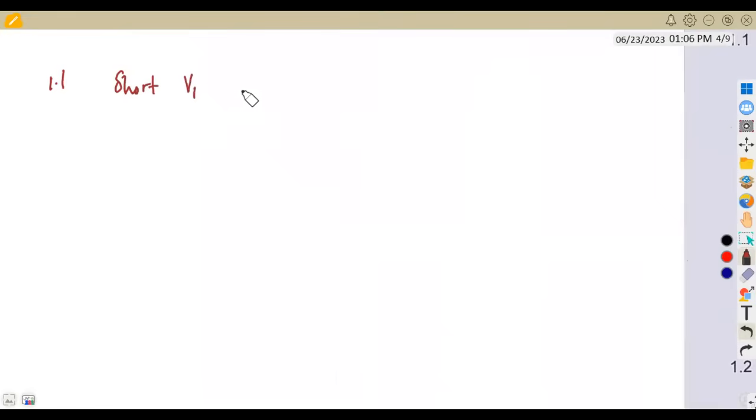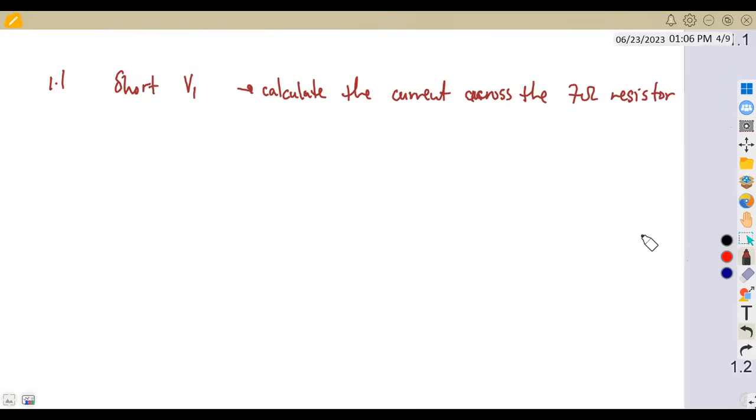By shorting V1, we calculate the current across the 7-ohm resistor. We are going to do the same thing with shorting of V2. Then we calculate again the current across the 7-ohm resistor. Then we combine our resultant at the end.